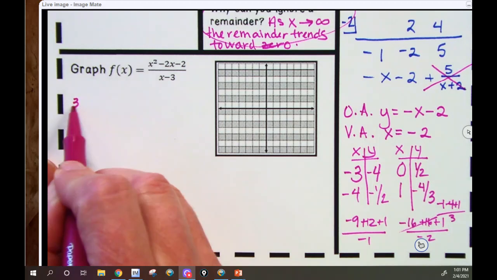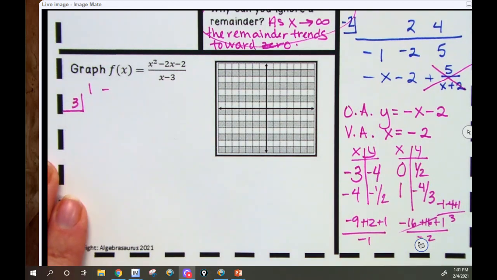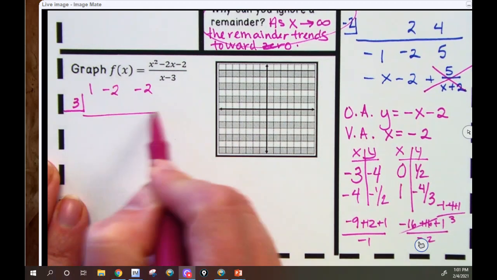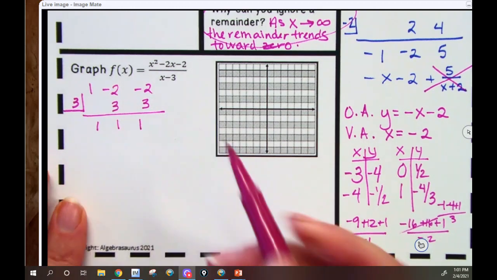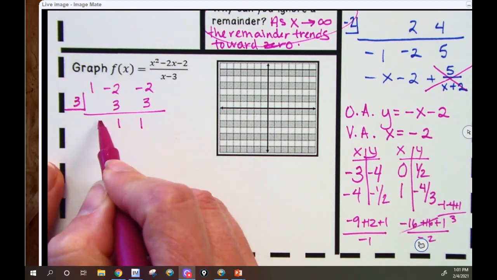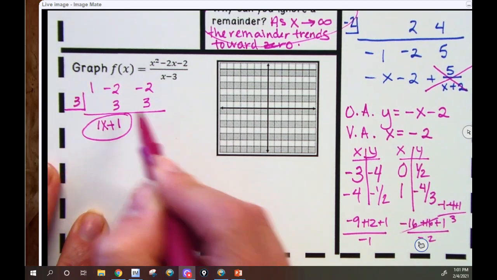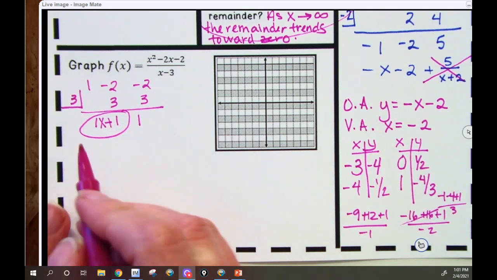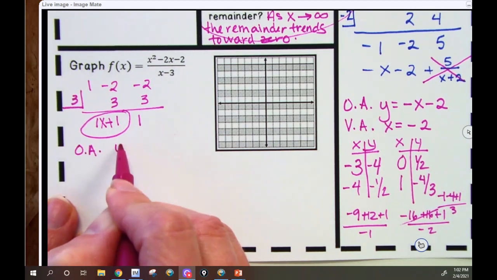Do some division. 1, negative 2. So I've got 1x plus 1, and I get to ignore the remainder.